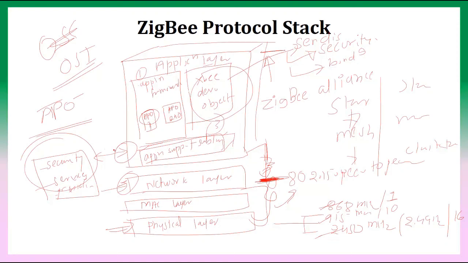In general, it is responsible for securing the frame. The security services include methods for key establishment, key transport, frame protection, and device management. These are the functionalities associated with your security service provider.